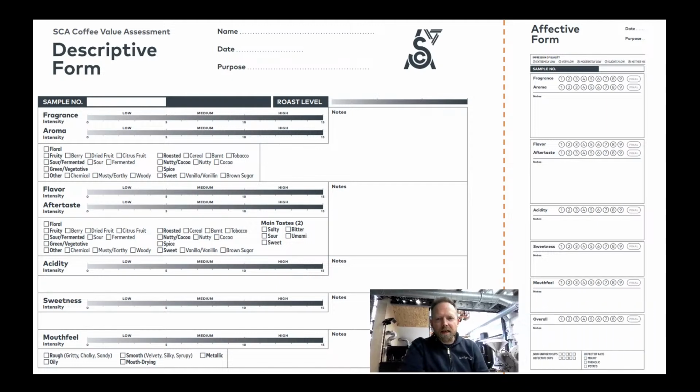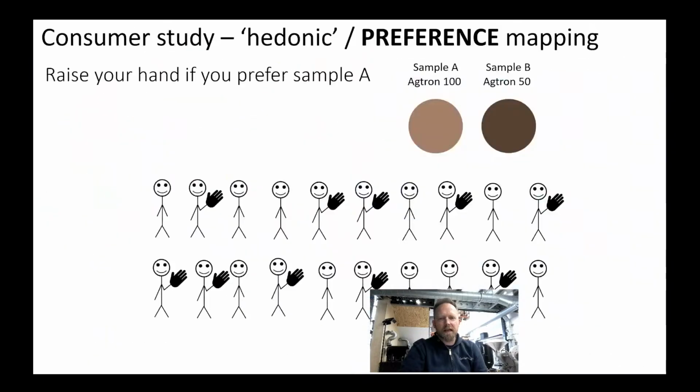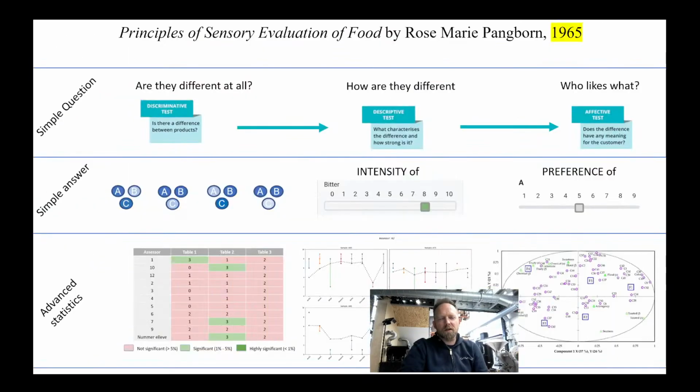I already explained something about science, and if you remember this slide, you can see simple questions and simple answers. And once you have a lot of simple answers to simple questions, you can do some really advanced statistics.